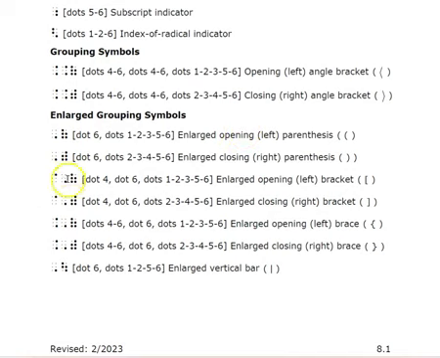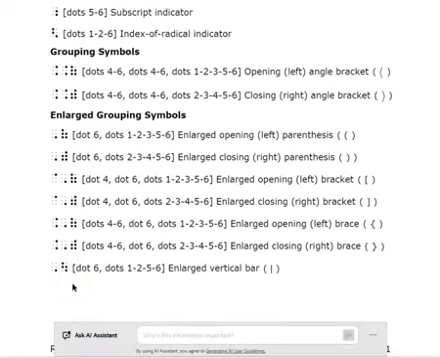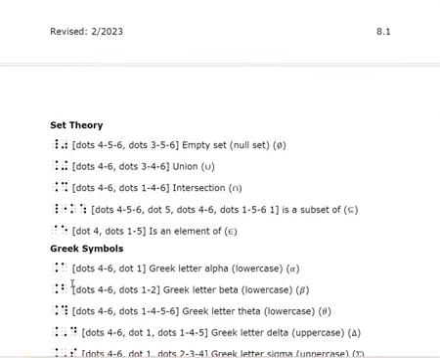We have a dot 6 in front of the of and with for parentheses, enlarged opening. We have a dot 4 and then a dot 6 for the bracket, of and with. Then we have 4, 6, dot 6, of and with, for the enlarged opening left and right brace. We have an enlarged vertical bar as well. That is a dot 6.